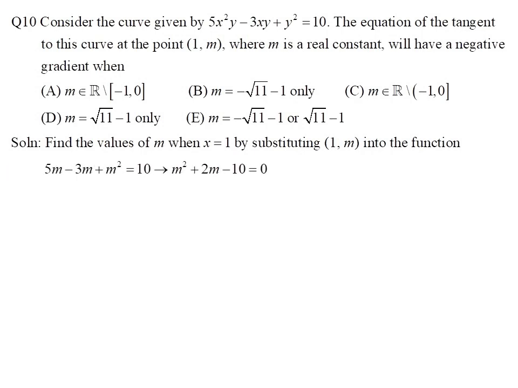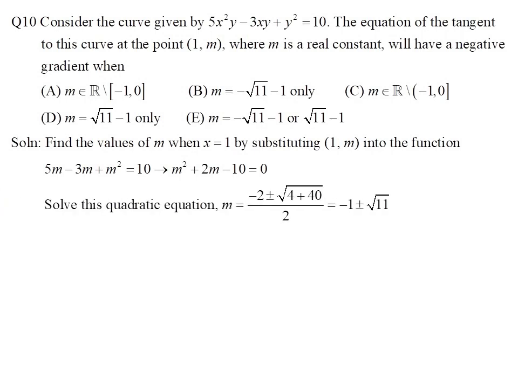So we have 5m minus 3m plus m squared equals 10, which gives the quadratic equation m squared plus 2m minus 10 equals 0. Solving this quadratic equation, we obtain m equals -1 plus or minus the square root of 11. Now we find the value range of m so that the gradient at the point (1, m) is negative.